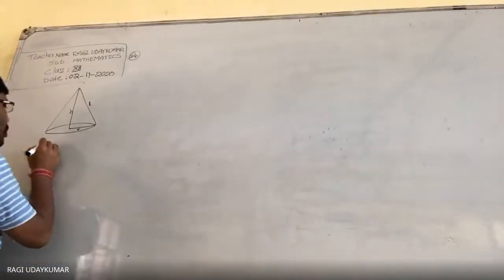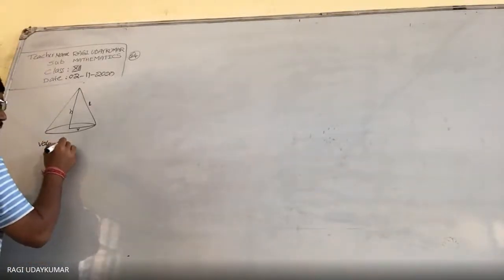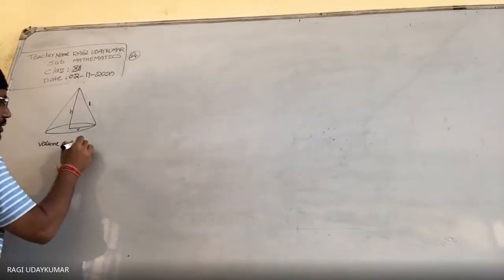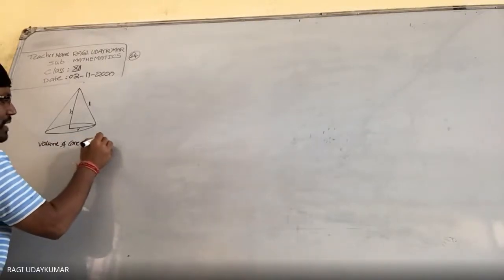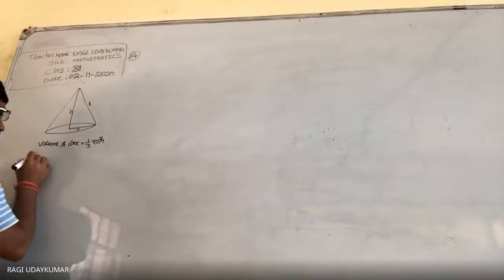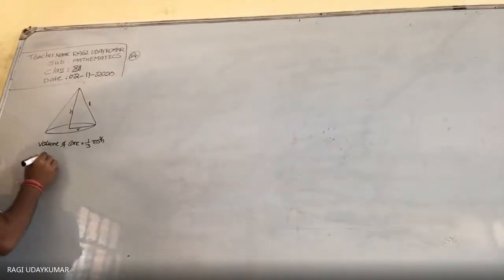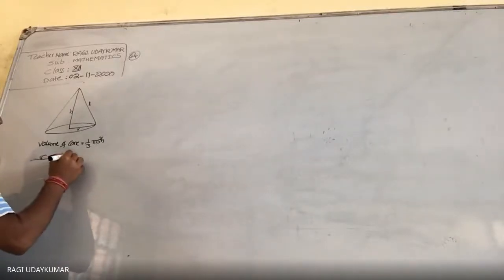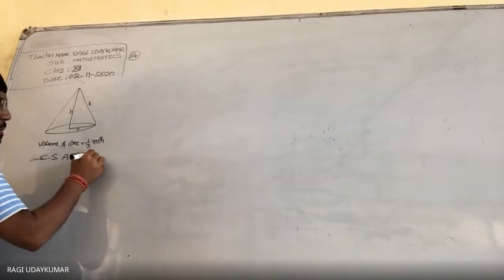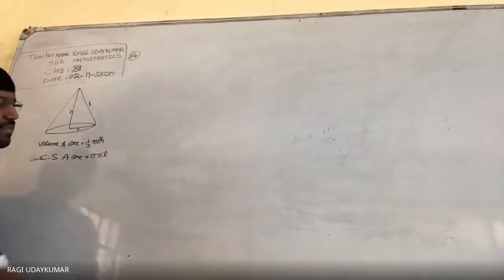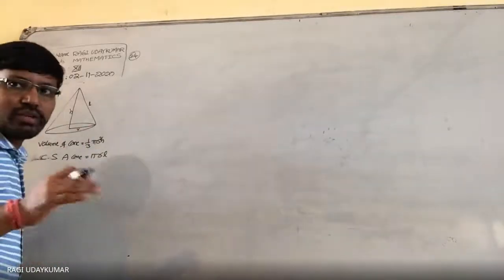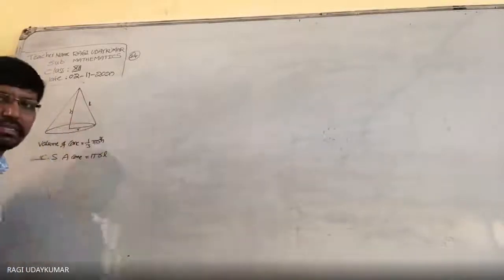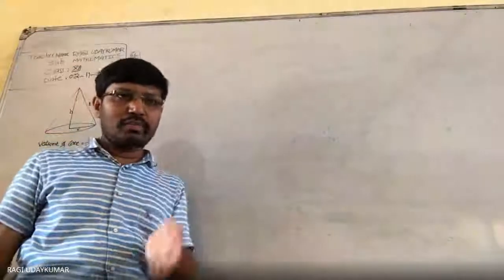So volume of the cone is equal to 1 by 3 pi r square h. That is simple. Curved surface area, CSA, of the cone is equal to pi r l. Here l is nothing but the under root of h square plus r square.